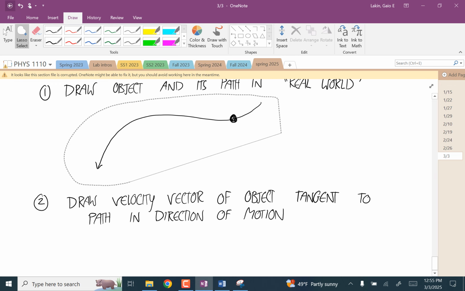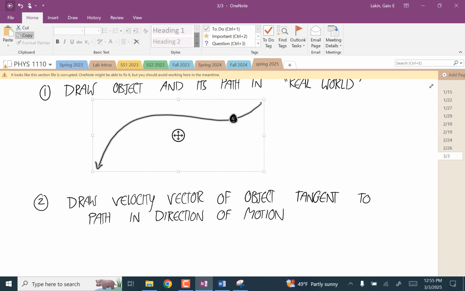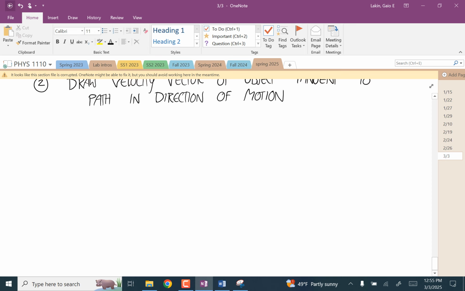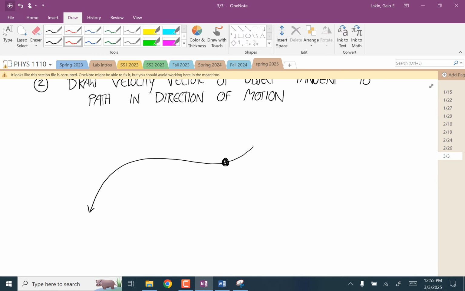So at this point, we draw a vector that's tangent to this path in the direction of motion.